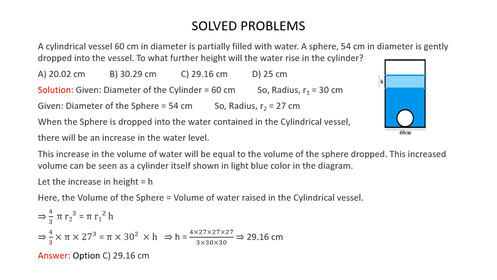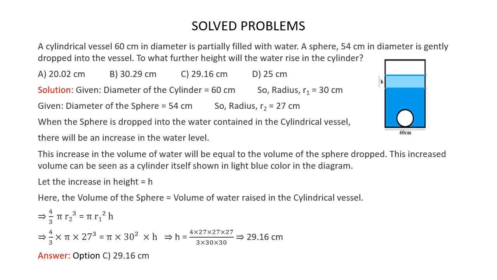Now let the increase in height be equal to h. So here the volume of the sphere is equal to volume of the water raised in the cylindrical vessel.